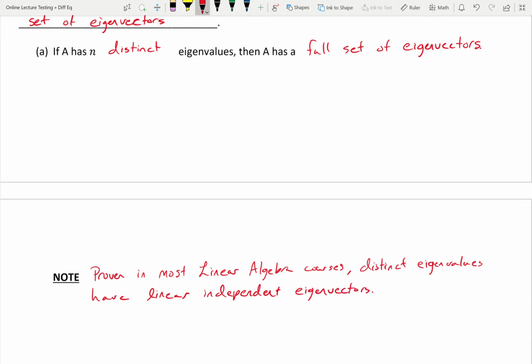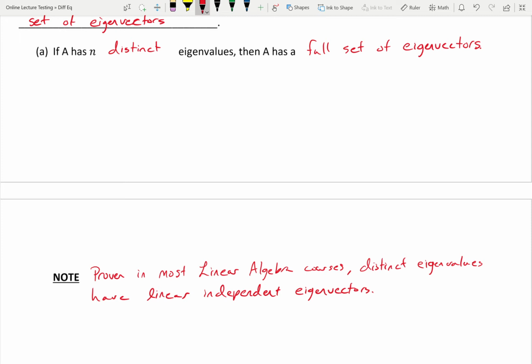So that's the nice thing. We already know this. So again, if we have three differential equations, and we have three eigenvectors that are distinct from each other, then we already know that it has a full set of eigenvectors. Therefore, we already know that it forms a fundamental set.